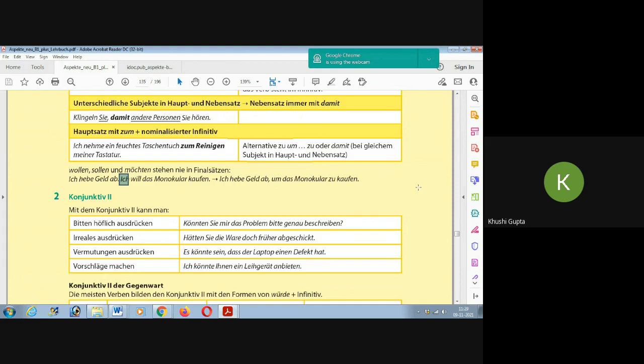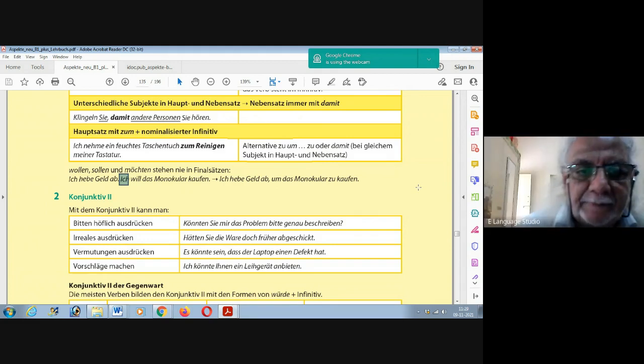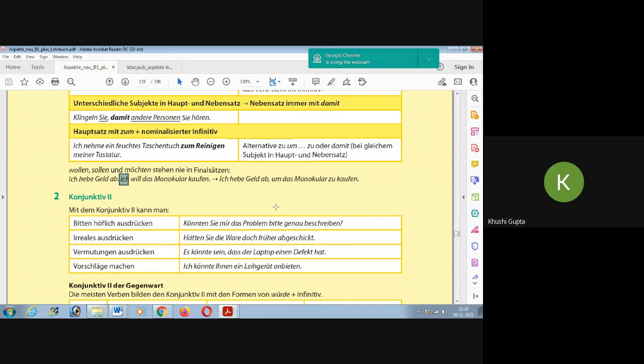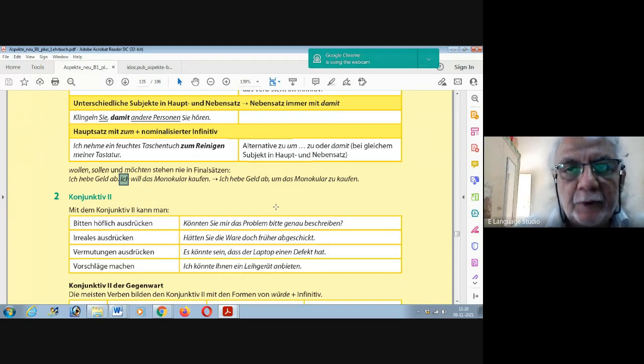So if there will be können instead of will, then is it possible? Even then, it's not possible. With können, yes, because it shows a possibility and not a desire. So it will be: ich hebe Geld ab, das Monokular kaufen zu können. Ja, das ist möglich.